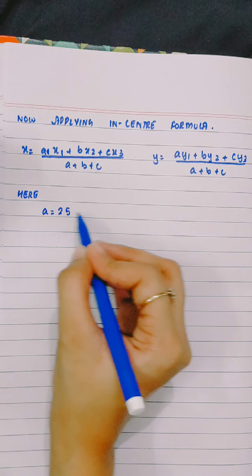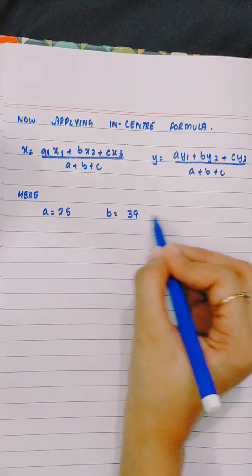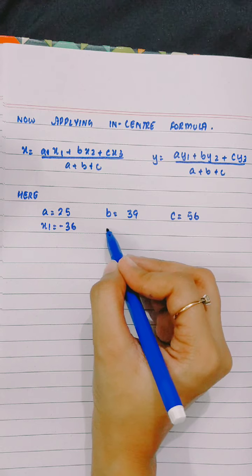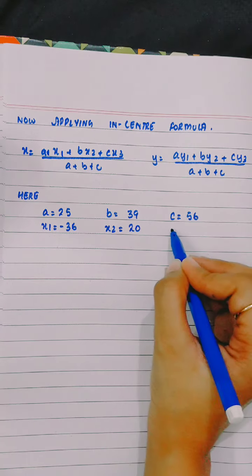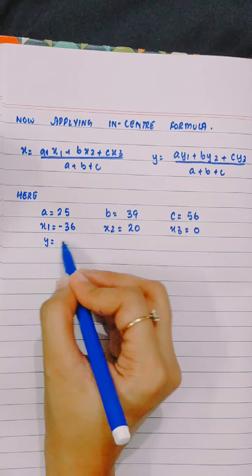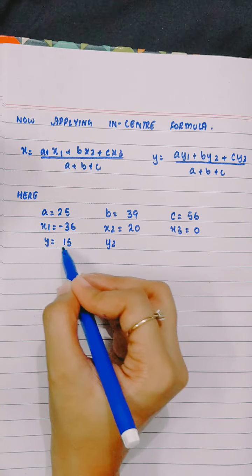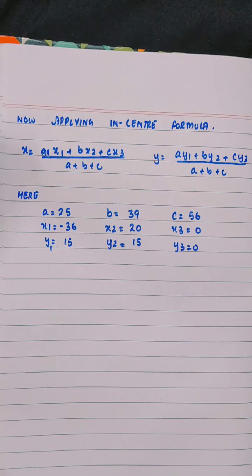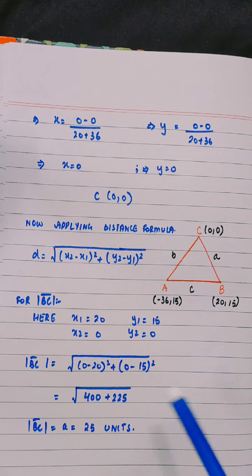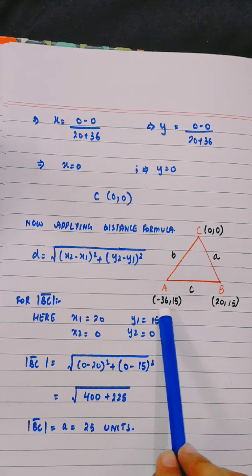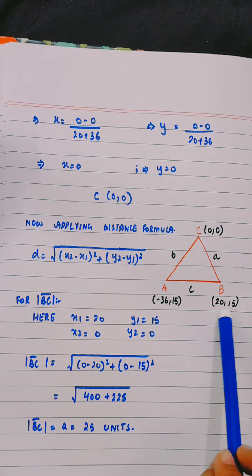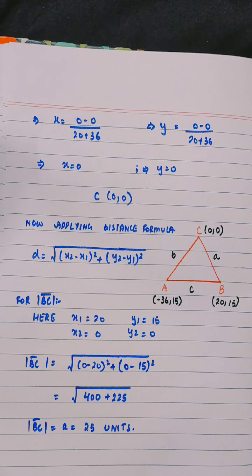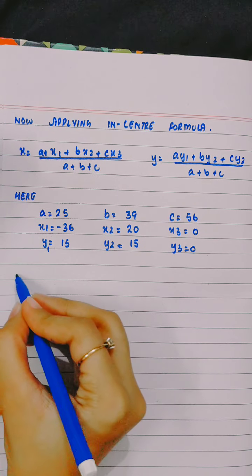Here a is equals to 25, b is 39 and c is 56. x1 is minus 36, x2 is 20 and x3 is 0, y1 is 15, y2 is 15 and y3 is 0. These coordinates have come from here: the coordinates of A are x1, y1, of B are x2, y2 and of C are x3, y3, and the values of a, b, c we have just found out from the distance formula. Let us substitute the values.